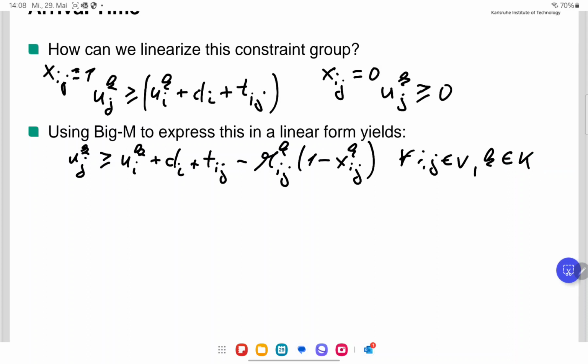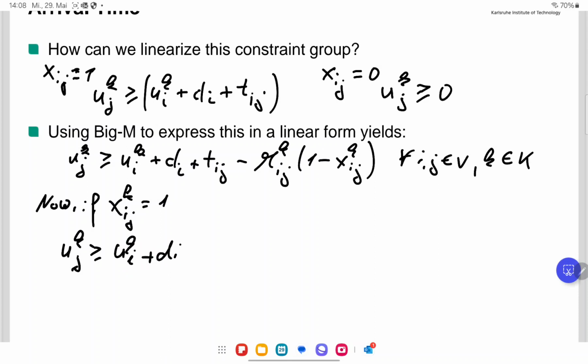Okay, so what does it mean? Now, what do we have now? If x_ij is now 1, everything is fine, right? So we have the left hand side is at least u_ik plus the service duration plus t_ij minus M_ij times 1 minus x, and now x is 1.